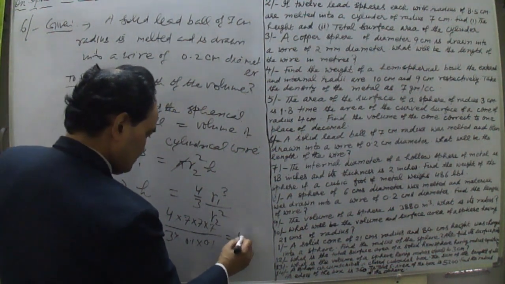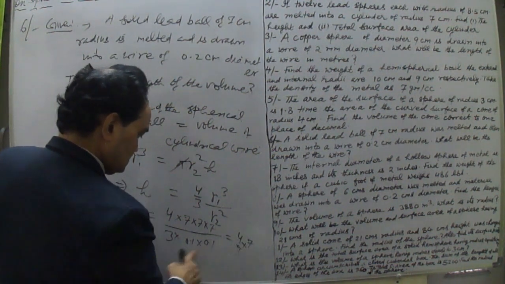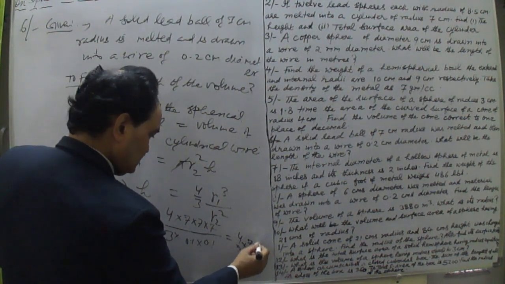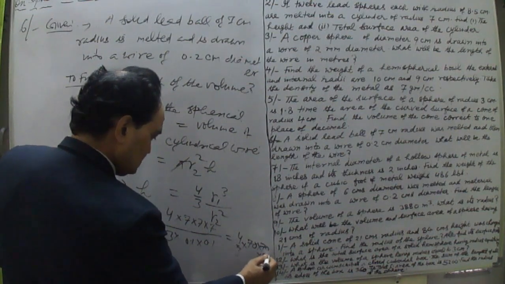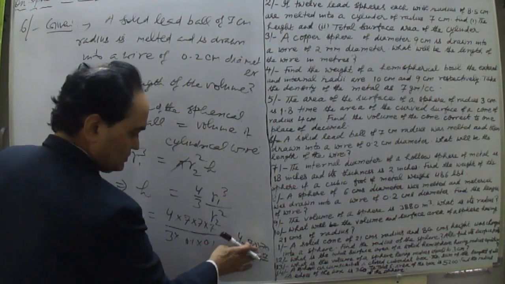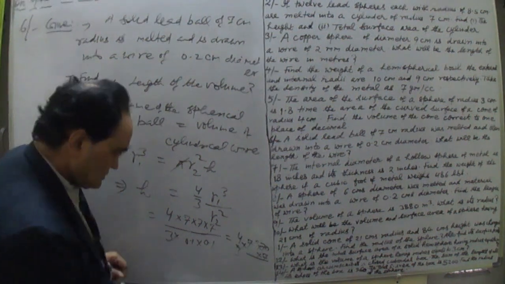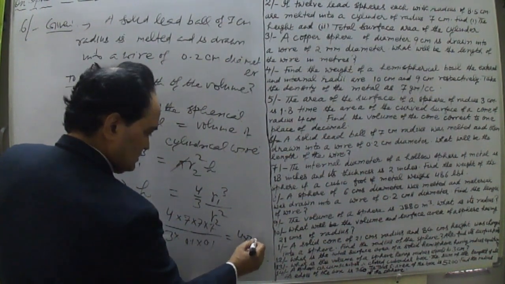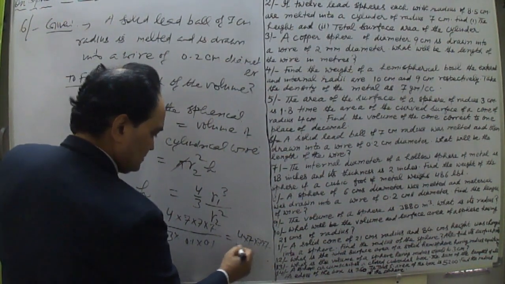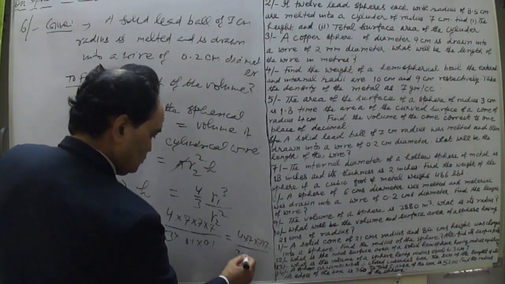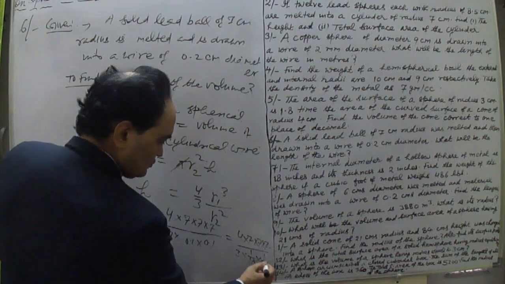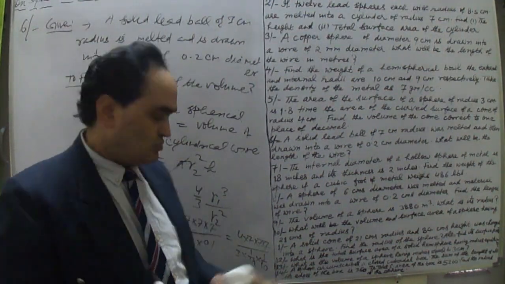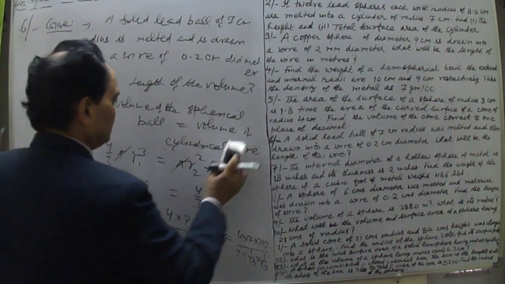Now 4/3 into 7 into 7 into 7, divided by 3 into 1/10 square. Let me keep it as 4 into 7 into 7 into 7, divided by 3 into 1/100. That means 0.1 is 1/10, and the 10 will come in the numerator.